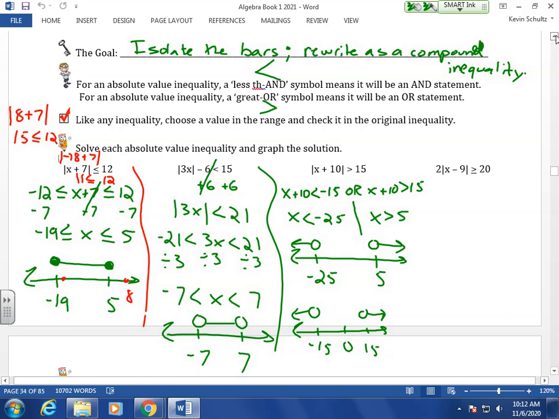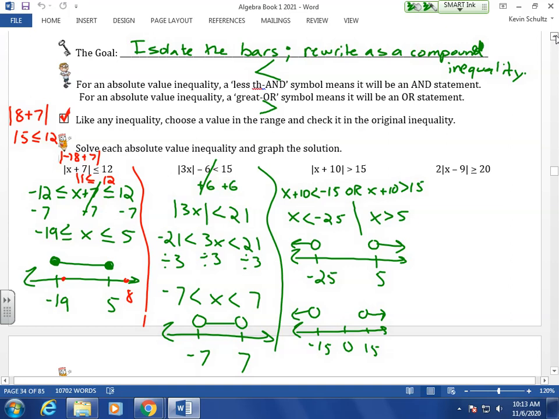Okay. Sarah, give me your favorite number that is either less than negative 25 or greater than positive 5. Negative 11 would be actually within the range that doesn't work. Less than negative 25 or greater than positive 5. Negative 28. Okay.